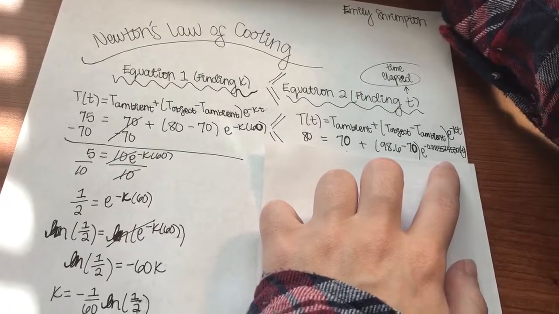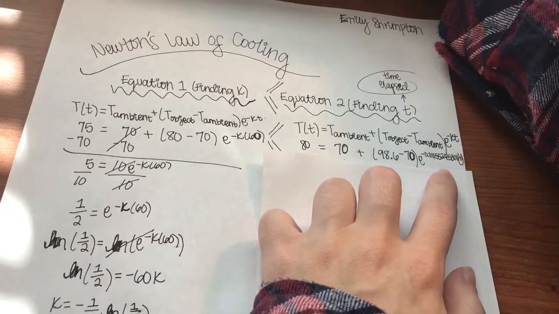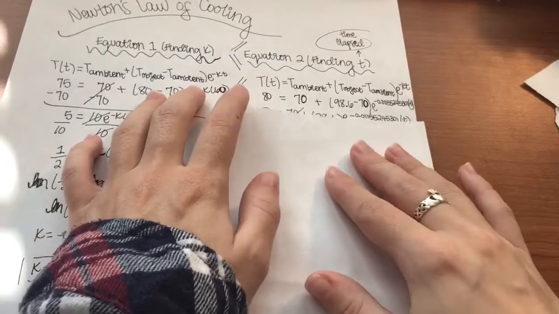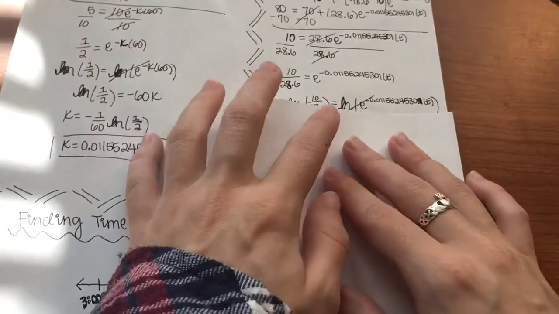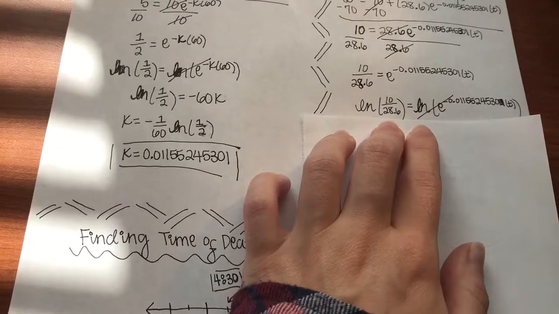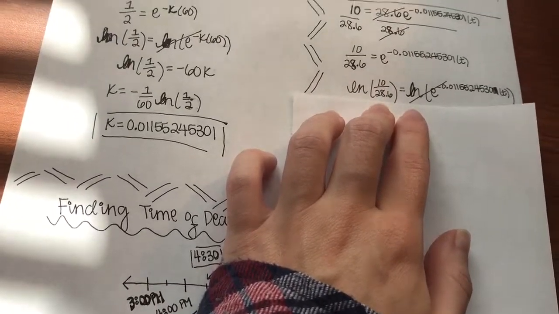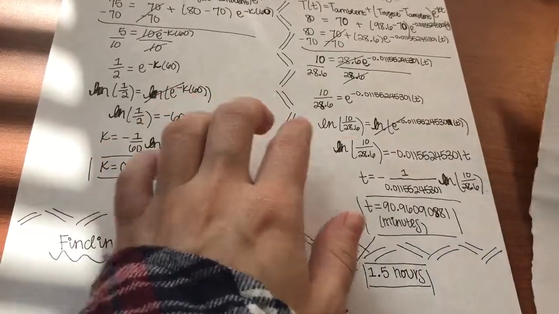So from that equation, once again, we just use basic rules of algebra to solve and isolate T. As you can see, I did that. And then we get to that point again where we need to apply the natural logarithm ln to both sides of the equation to cancel out e and further isolate t.